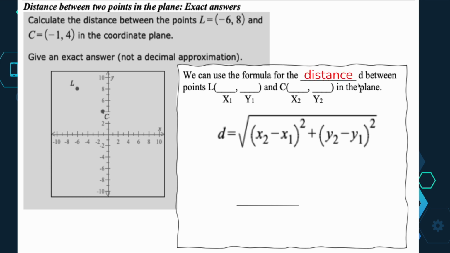So we can use the formula for distance, d, between points L and C. If you notice, I put these in here and I'm labeling them. So this is x1, y1, and this is x2, y2. That simply means this is point 1, and this is my x coordinate for point 1 and my y coordinate for point 1. This is my point 2. Here's my x coordinate for point 2 and my y coordinate for point 2.